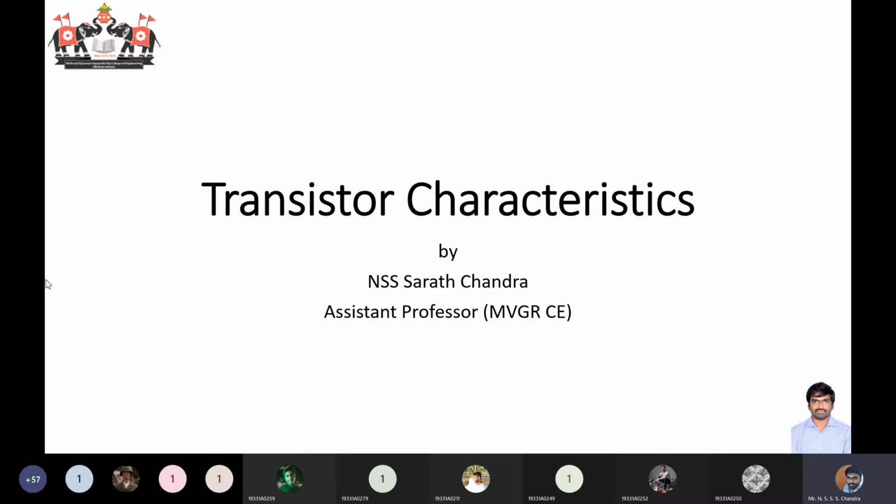So in today's class, we'll be discussing the same configurations only, but we'll be viewing these configurations from the perspective of the characteristics. So characteristics like input characteristics and output characteristics. Okay, so if you take a two-port network, you'll have some input voltage, input current, output voltage, and output current, right?